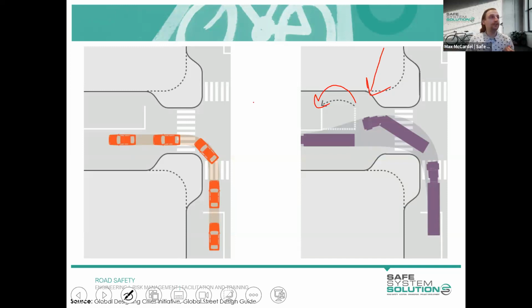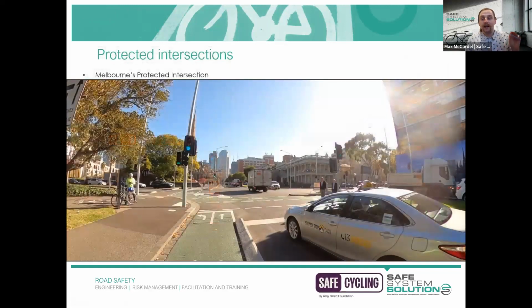That's right. Cheers. I'll just finish on our protected intersections and then we'll have a little break. So I'll just get through this content. I'll show you Melbourne's protected intersection from the perspective of a cyclist, and particularly how it works adjacent to a left-turning vehicle. This is actually, as you can see, a taxi.